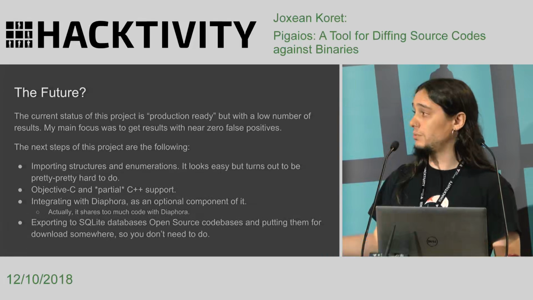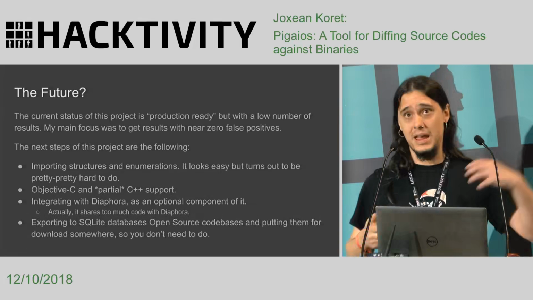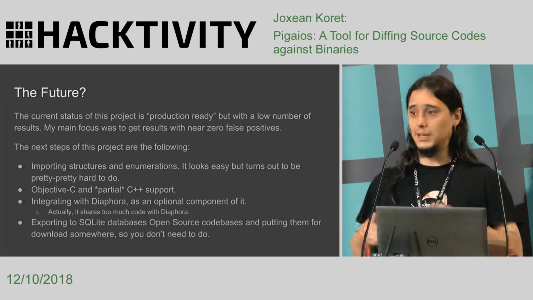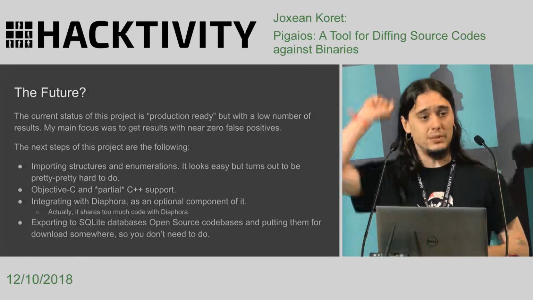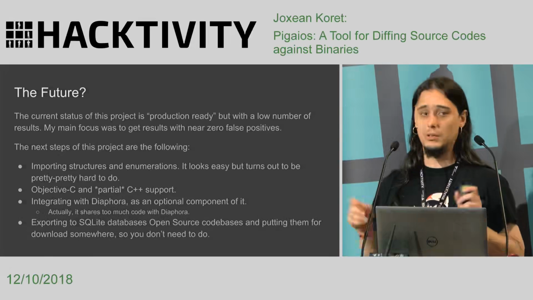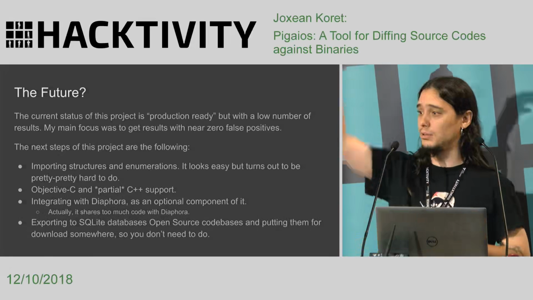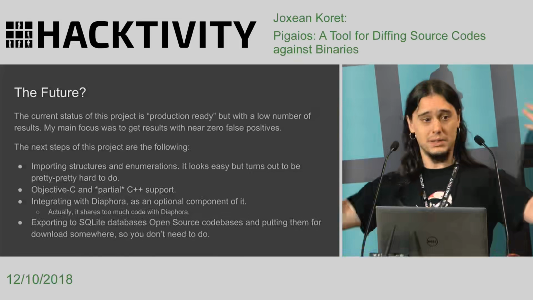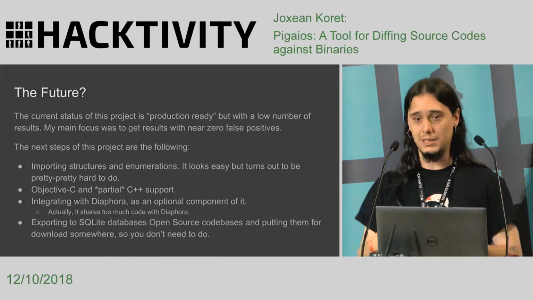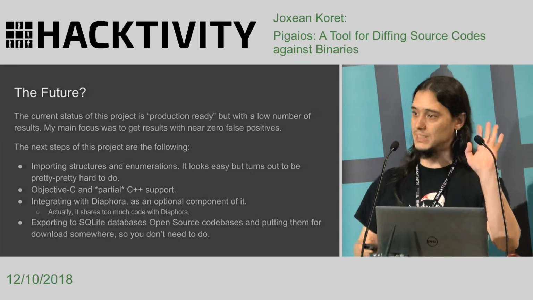And for exporting to SQLite databases, my idea is to take a lot of open source code, export the SQLite databases myself, and put them somewhere on a web page, so you don't need to do that, and you only need to download the SQLite databases for your new project. You diff them, you import the symbols, and you don't have to care, and you can start working on your target, and that's it.